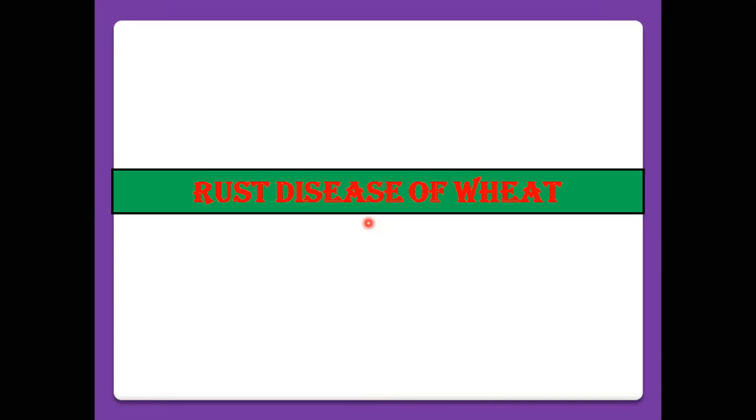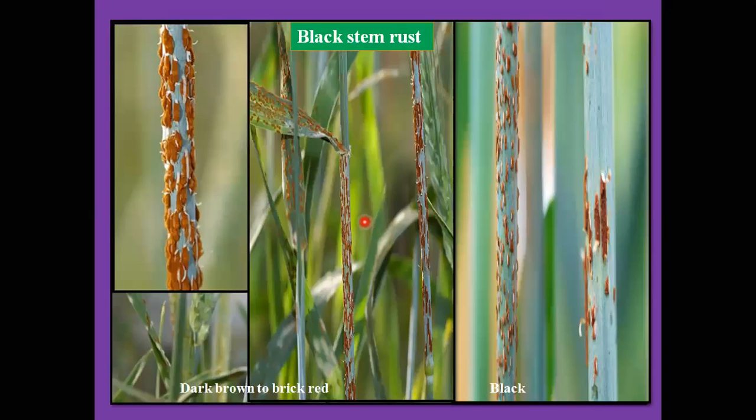But in Maharashtra, only one or two types of the disease are seen in wheat. The first is black stem rust, also known as stem rust. The second is brown rust or leaf rust, and the third is yellow rust or stripe rust.